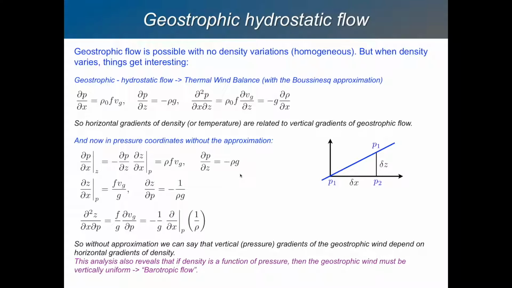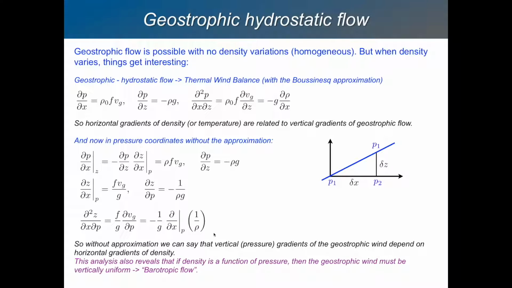And then you can use those relations to form this final result, which is that f over g times dVg/dp, the vertical gradient of the geostrophic flow in pressure coordinates, is related to the horizontal gradient on a pressure surface. It's not the gradient along the pressure surface, it's the horizontal gradient, but measured on the pressure surface, of this quantity here, 1 over rho, the specific volume.